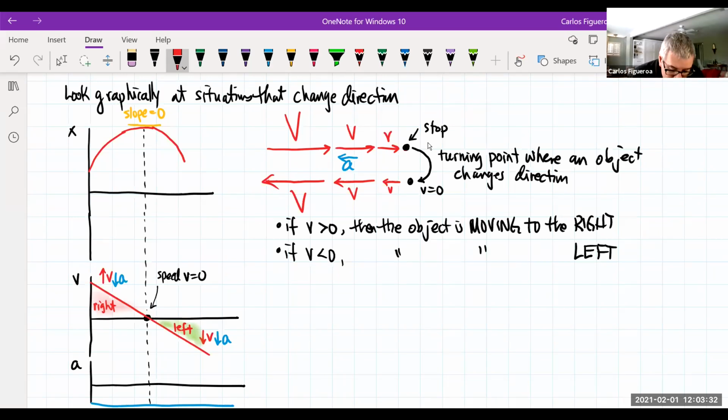So now I can do the exact same thing if I'm going in the opposite direction. So here we go. Now if I look at this situation, and then what do I do? I stop right here. In other words, my speed is 0. And then what am I going to do? I'm going to turn around.